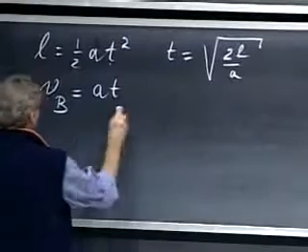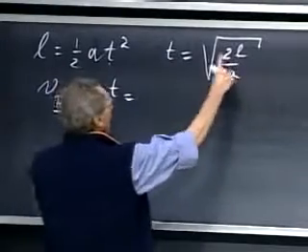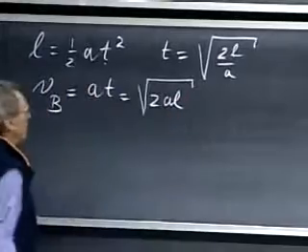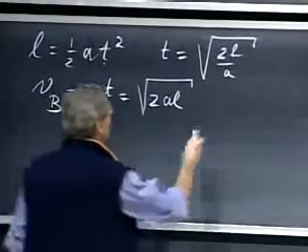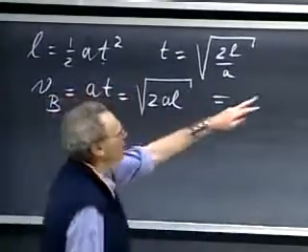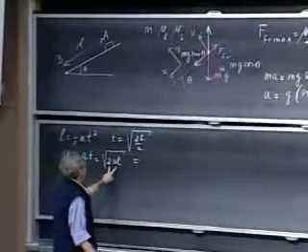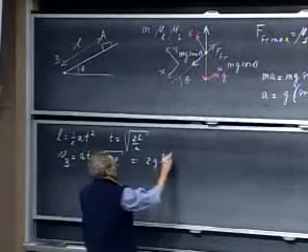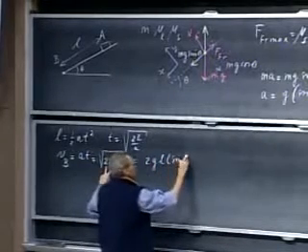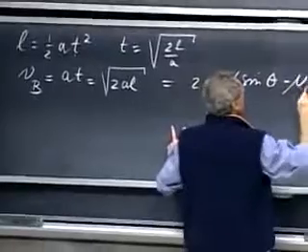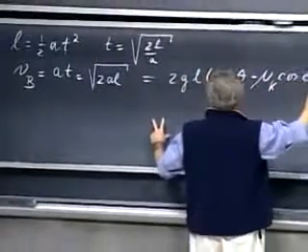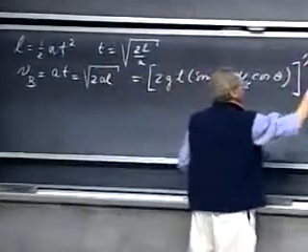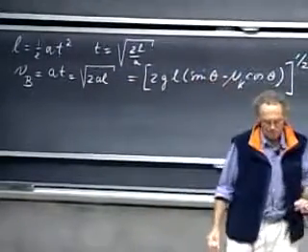And so that would become, if we multiply this by a, the square root of 2aL. And if you want to see that in all glorious detail, then of course you'll have to take that a, and you have to multiply that by 2L and take the square root. So we get 2gL times the sine of theta minus mu k times the cosine of theta, and the whole thing to the power 1/2. That is the speed at point B.